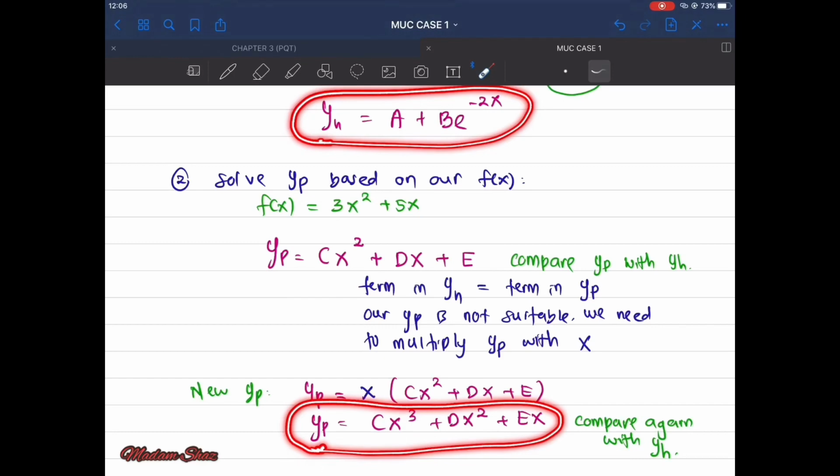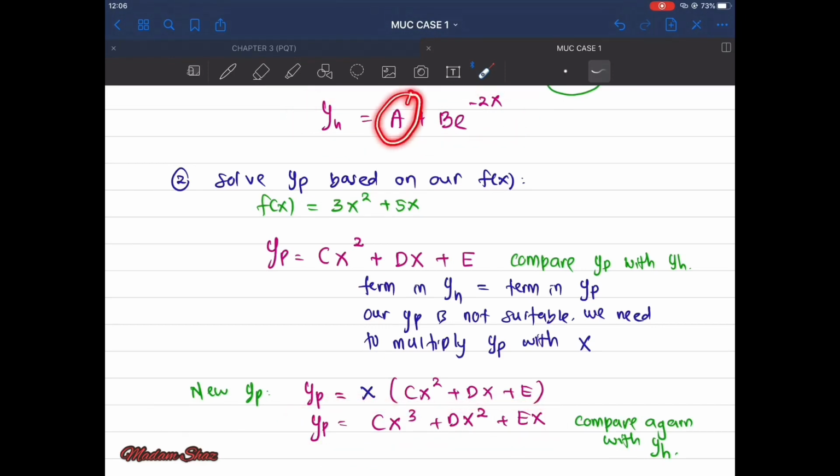If you can see, there is no more equal term, because this is a constant A, but in your yp everything is multiplied with x. So there is no equal term. Why don't we compare with the B exponent term? Because obviously this one is an exponential term and this one is a polynomial term. So if you compare, for sure there is no equal term.